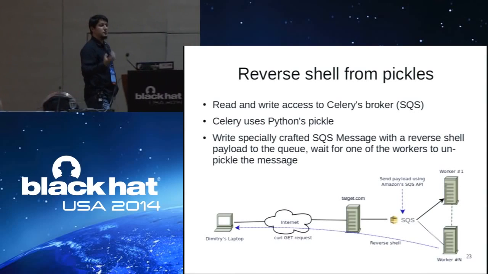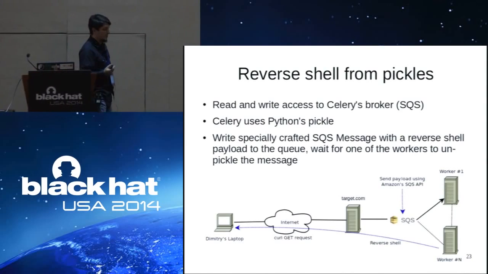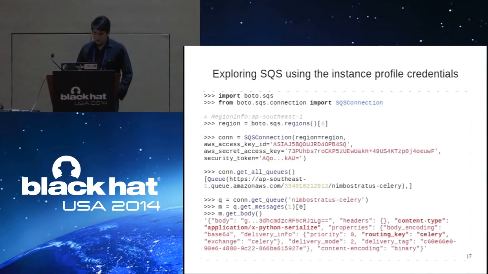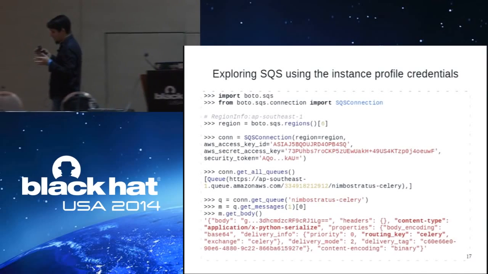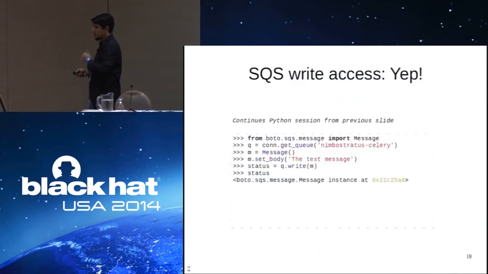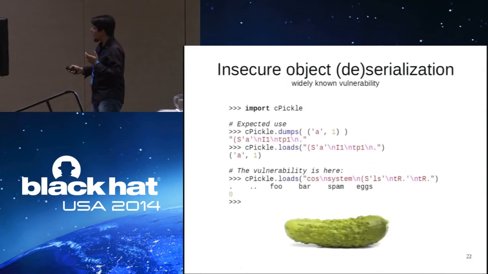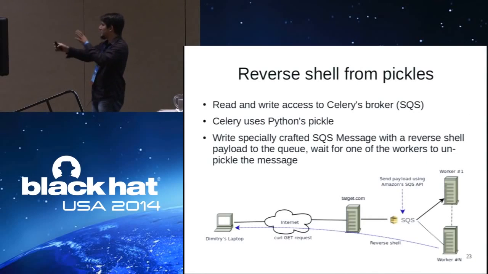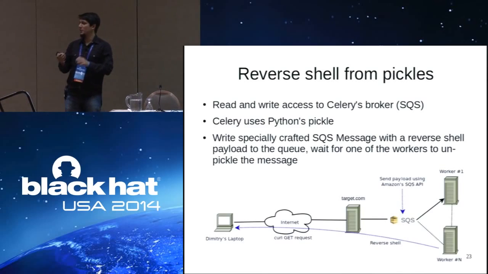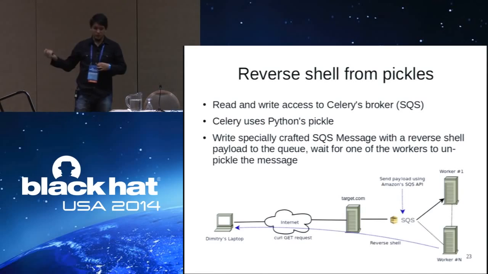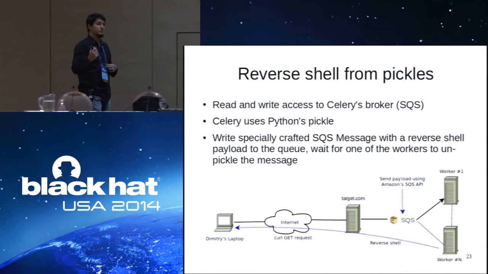And we know that it's using pickle, because if you dive a little bit into the Celery source code, you're going to find that it's pickle. So perfect. If I write something in a custom format to the SQS queue, which I can do, this worker is going to deserialize it, and if it's in the right format, I'm going to be executing arbitrary commands in the worker. Perfect.